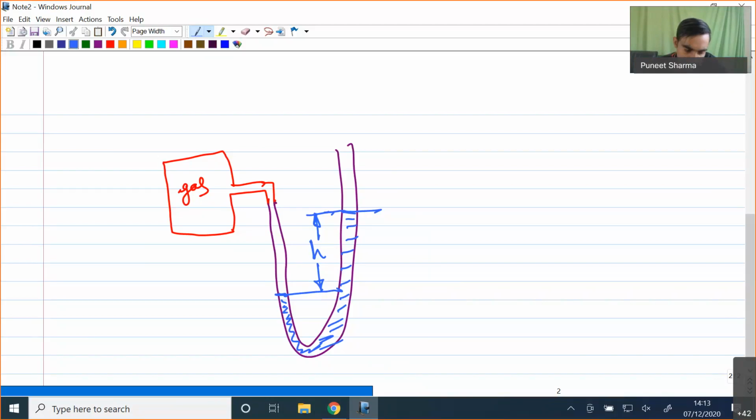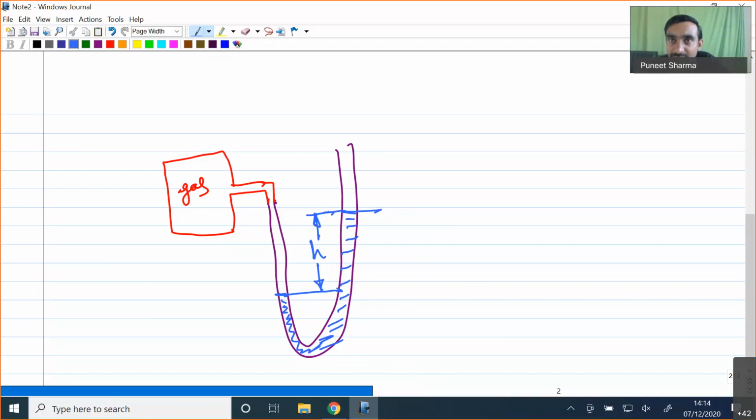But sir, we have also seen the surface tension of mercury is low for the glass tube. Yes, that is one of the reasons.